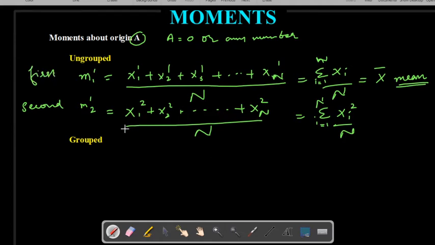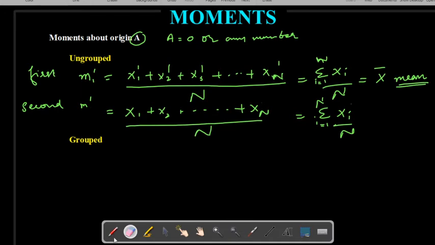Like that you can find the third moment: the exponent will be 3, and for the fourth moment the exponent will be 4. Likewise you can continue. In general, instead of this 2, I am going to write r. So everywhere I am going to write r. So you can call the general one the rth moment.